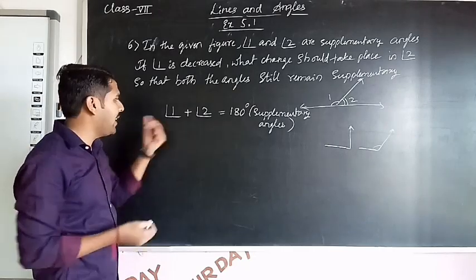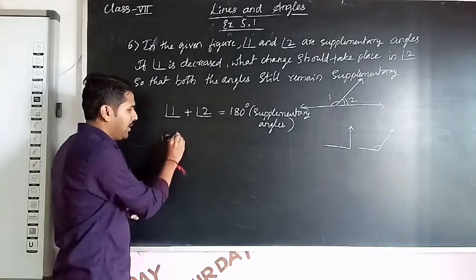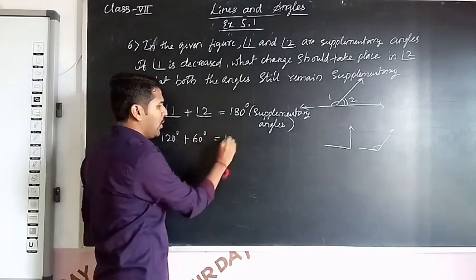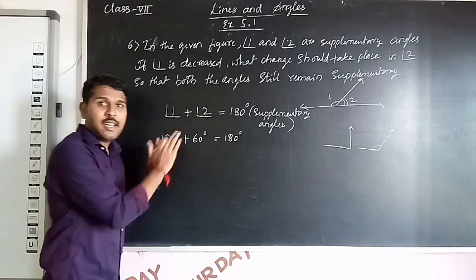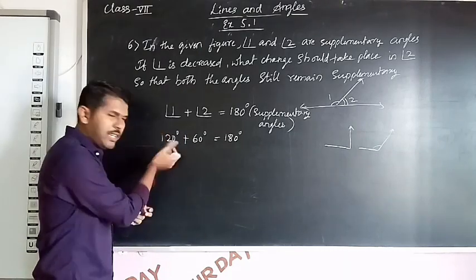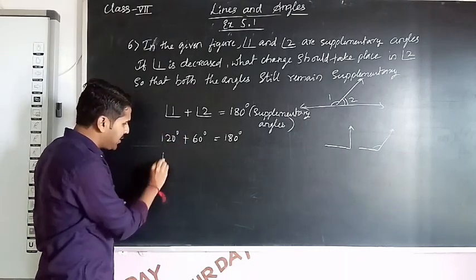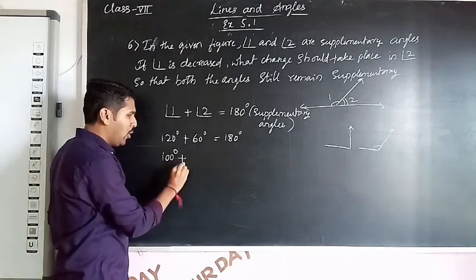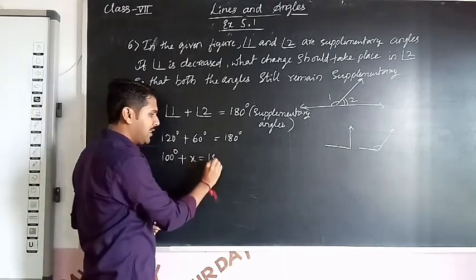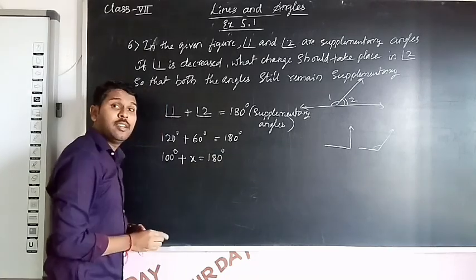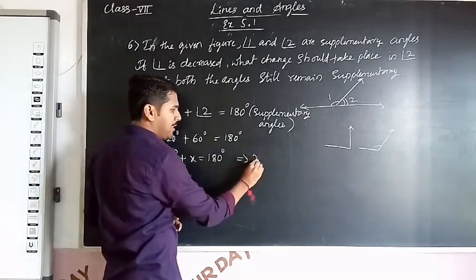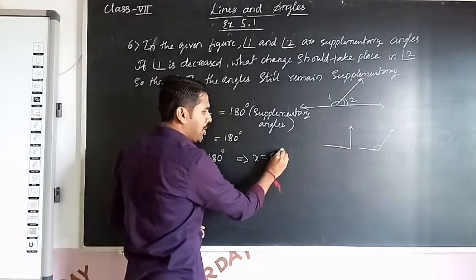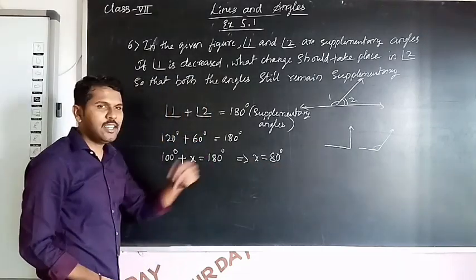So let us consider angle 1 to be 120 in this figure. 120 plus 60 equals 180, no. So this is the basic idea. If 120 is decreased, let us decrease it to 100 degrees. What will we get as the answer? x equals 180 minus 100, which is 80. So what changes in angle 2?